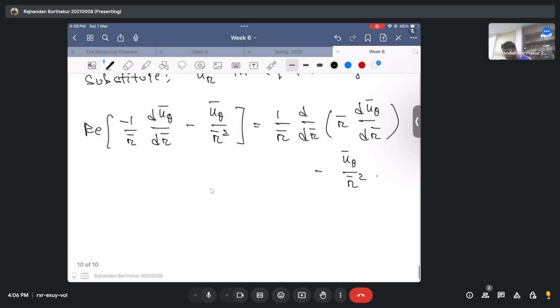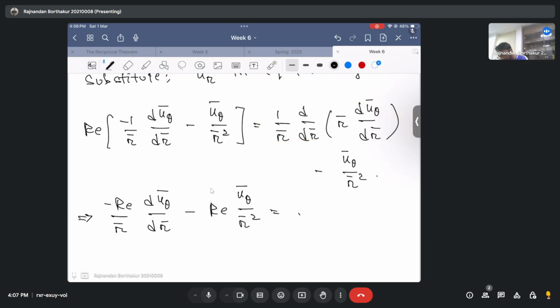Okay, if I do certain simplification, I'll just write the first term as minus Reynolds number by r bar times d u theta bar by dr bar minus Reynolds number. Remember, this Reynolds number is the suction Reynolds number. And then this is u theta bar by r bar squared, and then I'll break down this thing using the product rule.